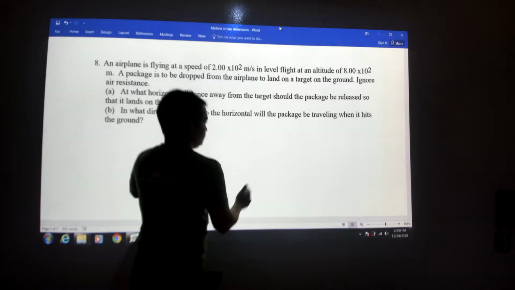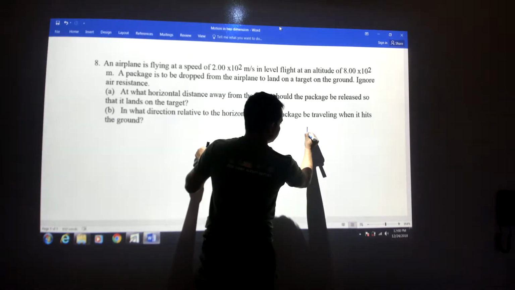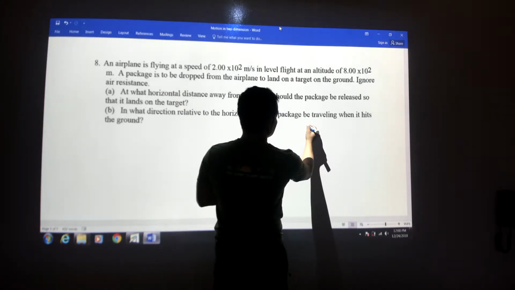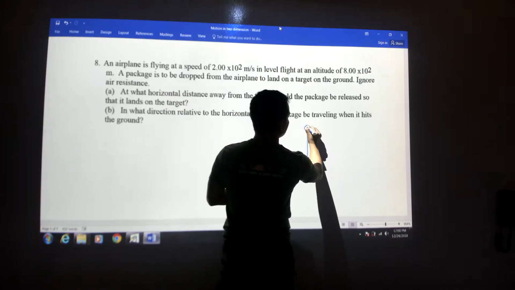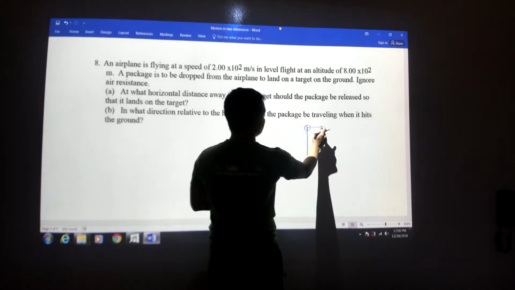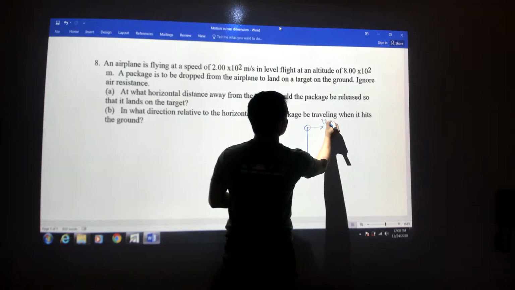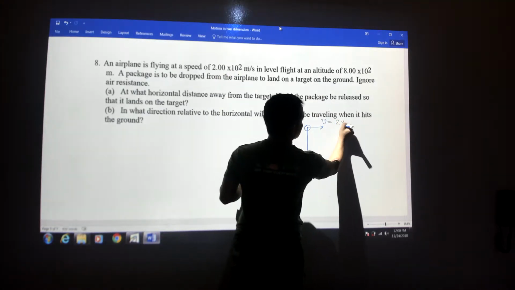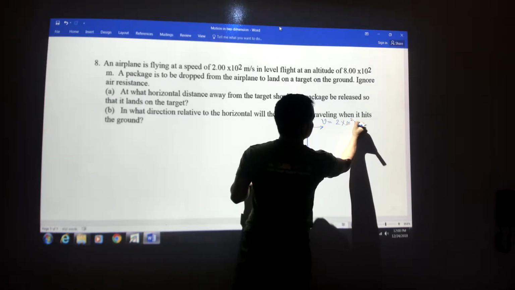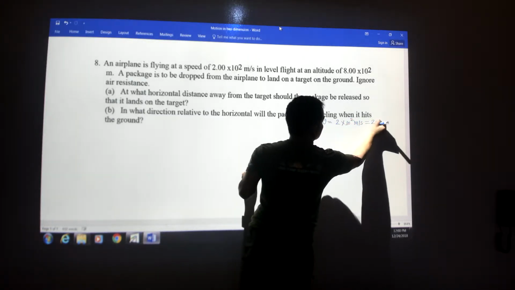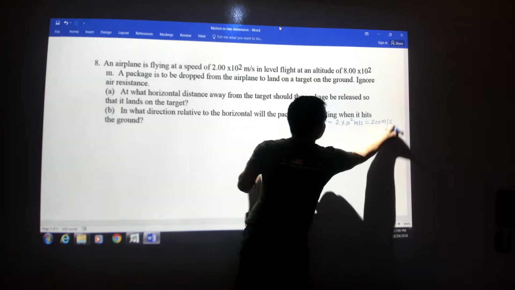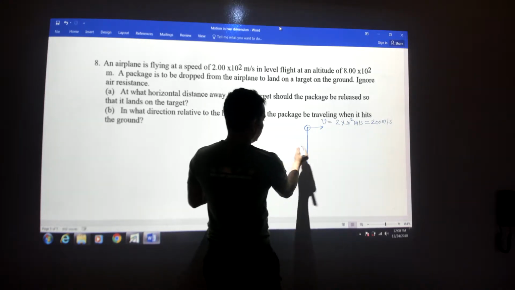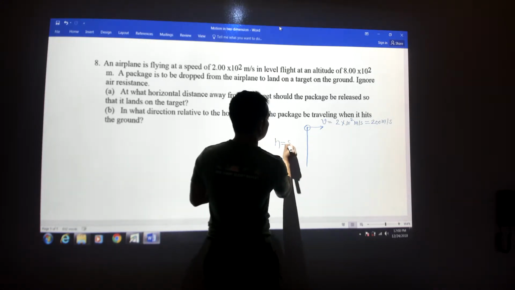In this problem, there is a plane moving horizontally, and the speed of this plane is 2 times 10 to the 2 meter per second, which is 200 meter per second, and the height is 800 meter.